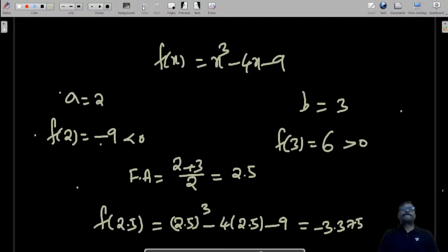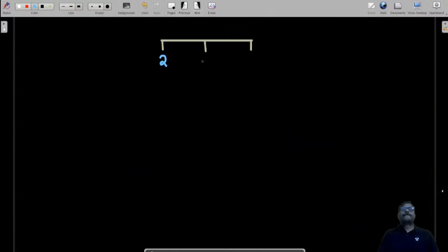Now, at 2 the functional value is negative, at 2.5 the functional value is negative, at 3 the functional value is positive.